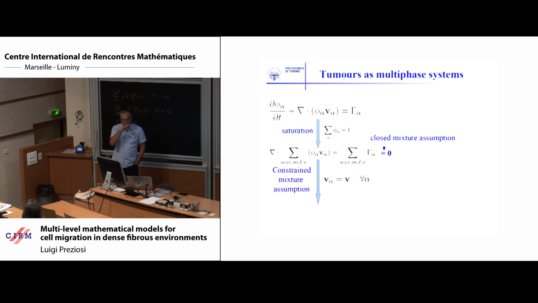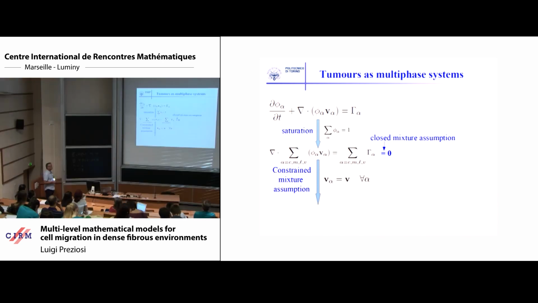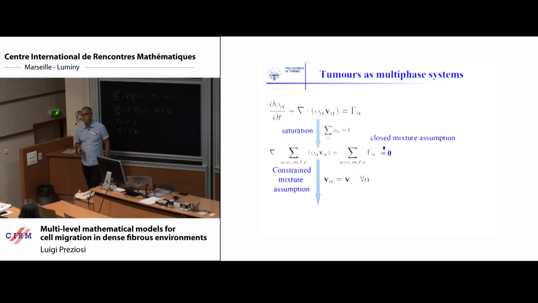Then there is another assumption that is usually made, which is called in mixture theory the constrained mixture assumption. It tells you that the velocity of all the constituents of the cells is the same, which is this one. There is no index here, which means that the two cell constituents in this case just move together.